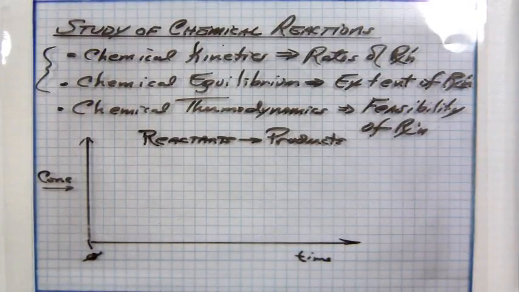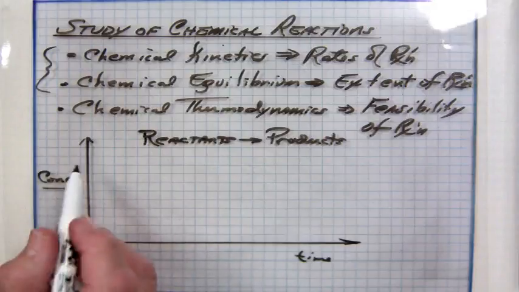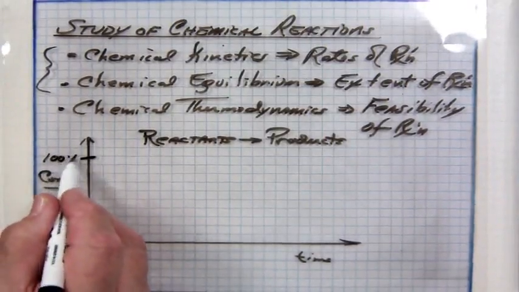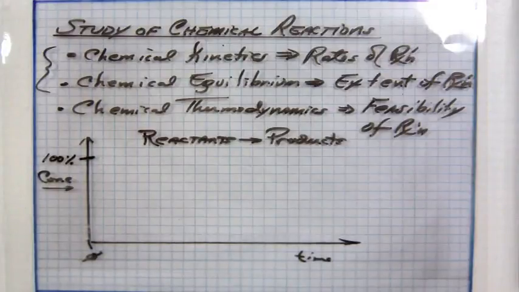This portion from 0 to this point right here is called the kinetic region. And from that point beyond, out as far as the reaction will take itself, is the equilibrium region.